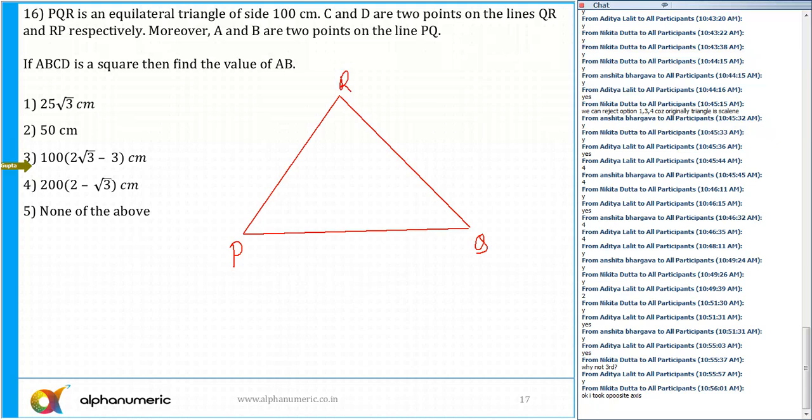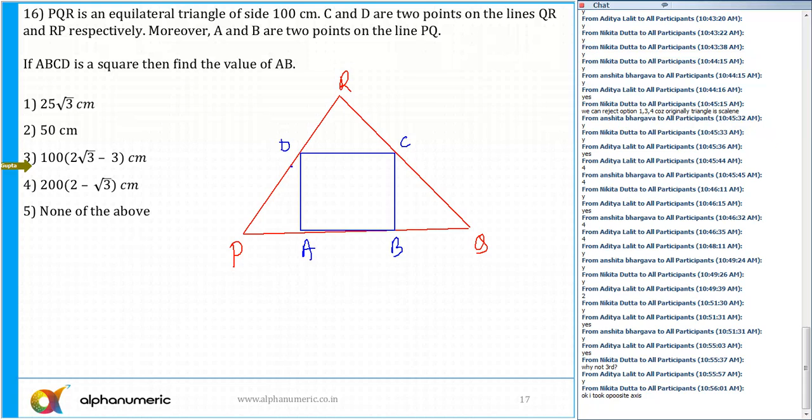C and D are 2 points on the lines QR and RP respectively. If ABCD is a square, so basically inside an equilateral triangle there is a square like this. Okay, that is given to us. This is A, this is B, this is C, and then this is D. Now find the length of this square.